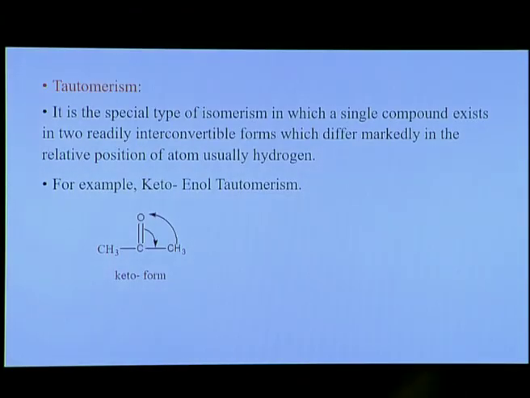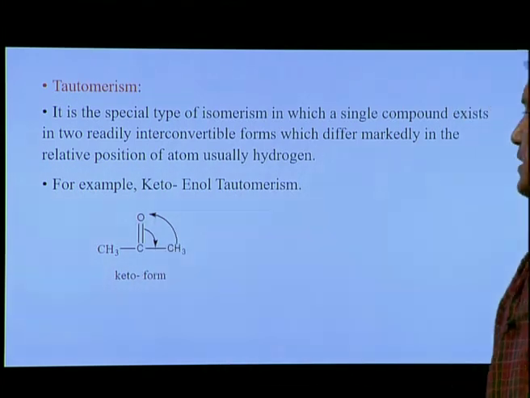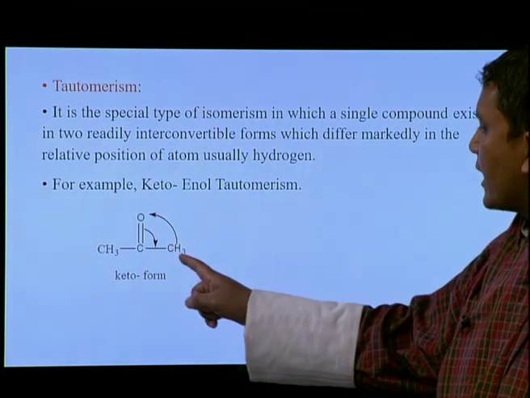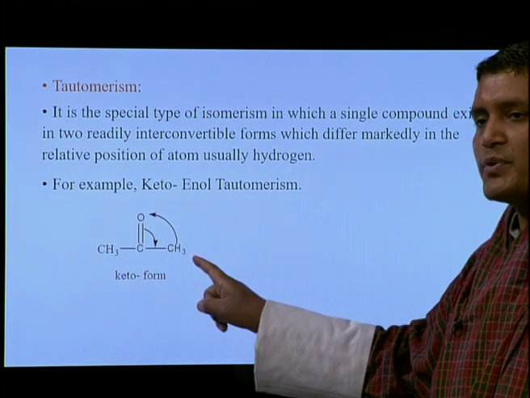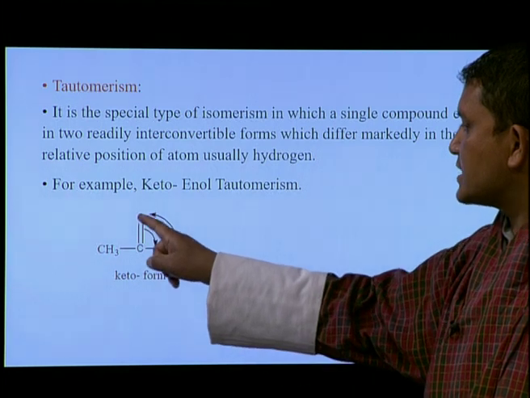Now, let us look at this one, for example, keto-enol tautomerism. This compound is in the keto form. We have a functional group CO, which is the functional group for ketone, and here we have hydrogen on this side. This hydrogen has the property of shifting from this position to this position.